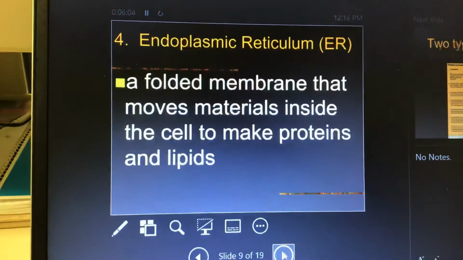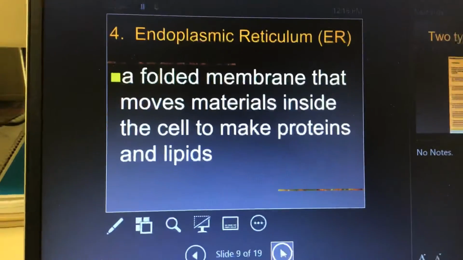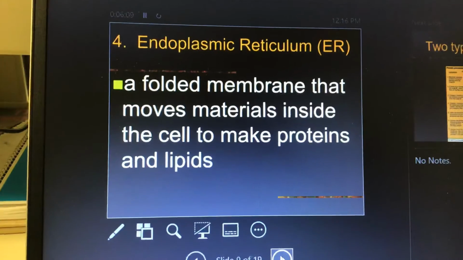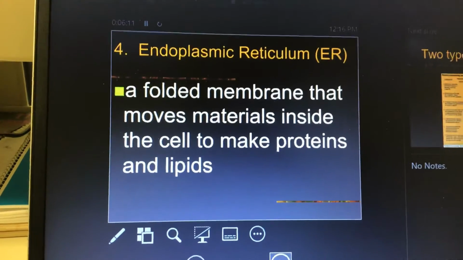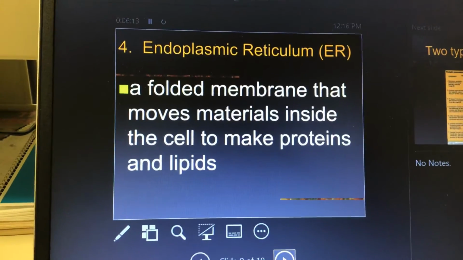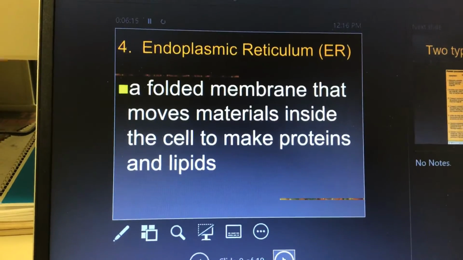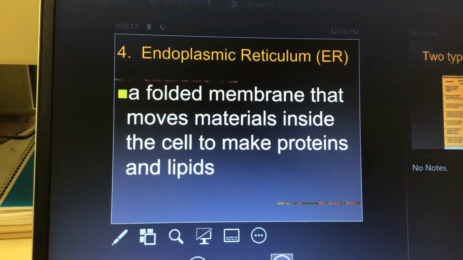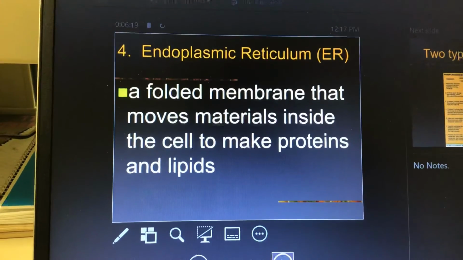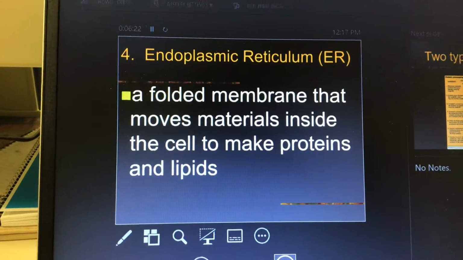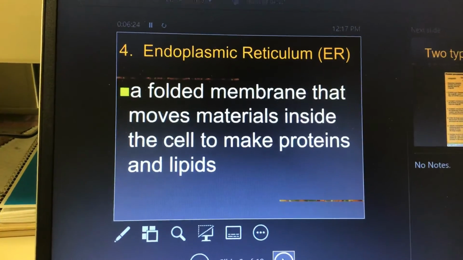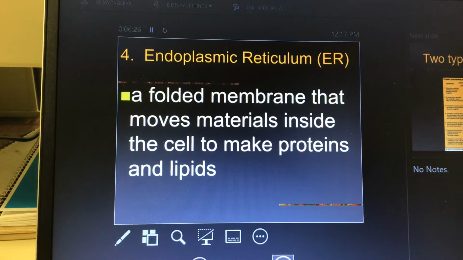Do a couple more here. Another one you've probably heard of, endoplasmic reticulum, or ER. A folded membrane that moves materials inside the cell to make proteins and lipids.